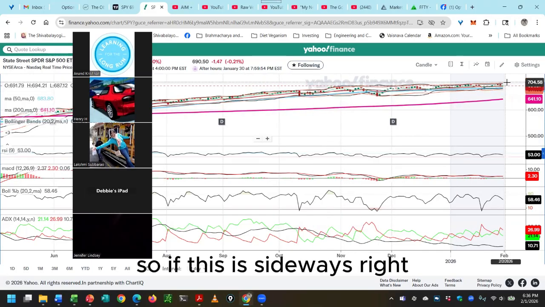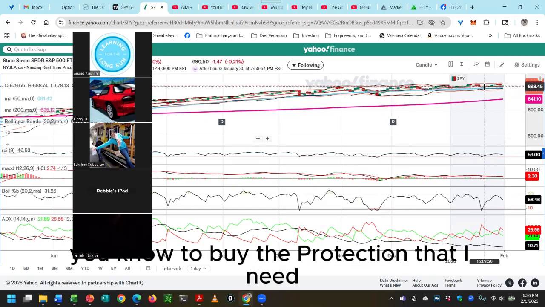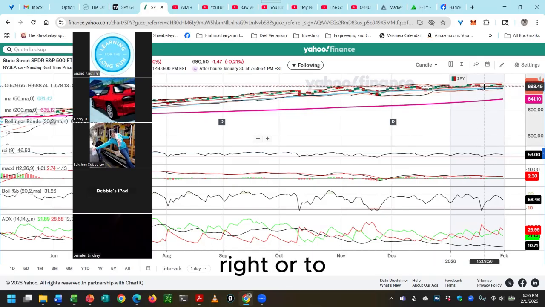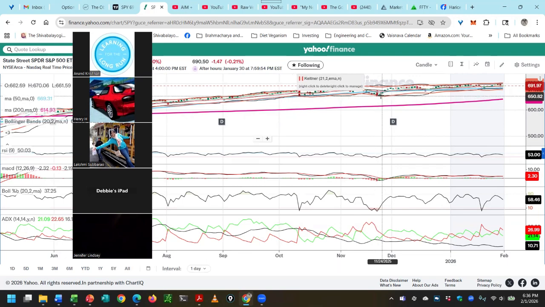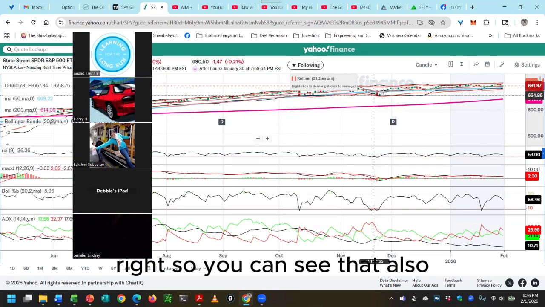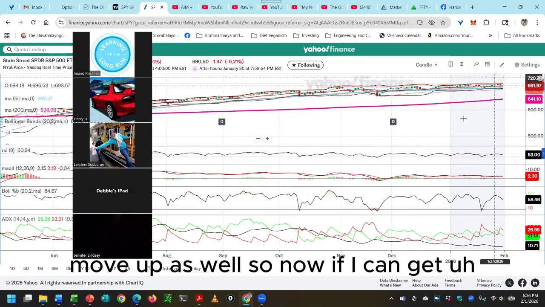So if this is sideways, I'm using this sideways motion to buy the protection that I need, or to buy calls when it's gone down to the lower extreme. You can see that also has its move up as well.